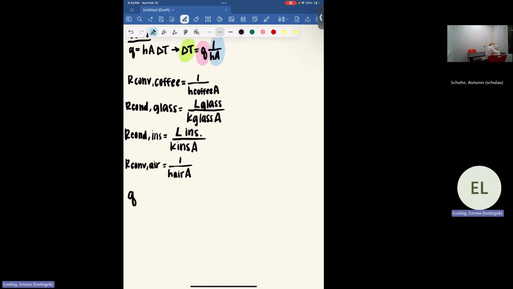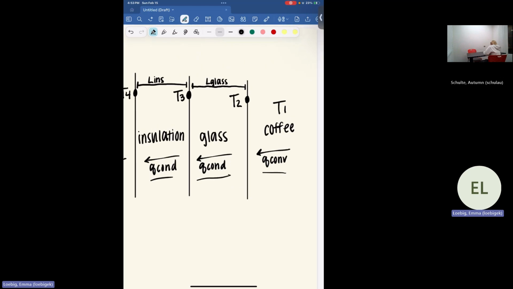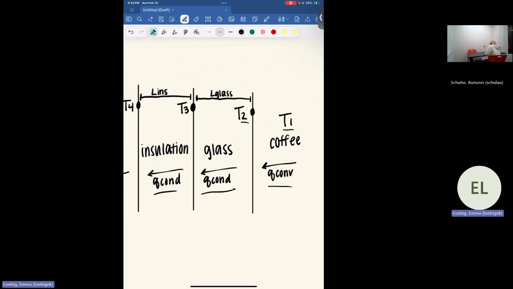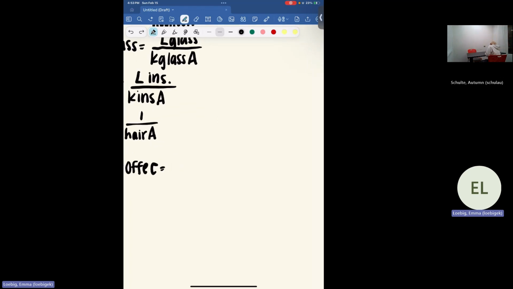We're going to have the Q convection through the coffee equal to our temperature difference, which in this case is T1 minus T2, all over the thermal resistance of the coffee.